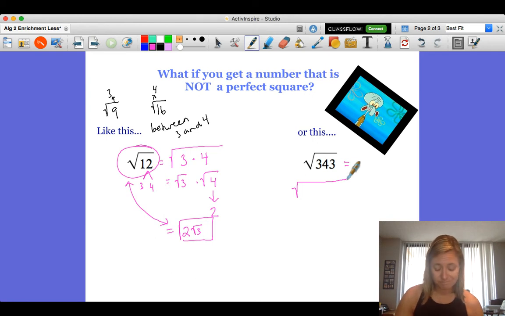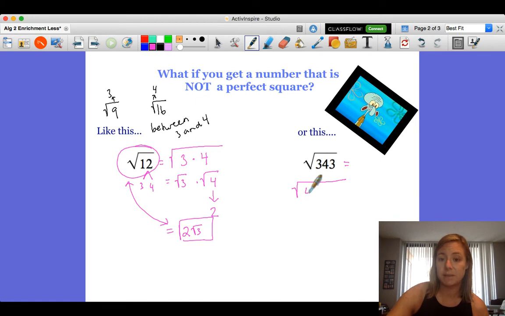Right, and you can go ahead and see what 343 divides by. Does it divide by 16? No. Does 343 divide by 25? No. Does 343 divide by 36? No. What else do we have? 49. It does.